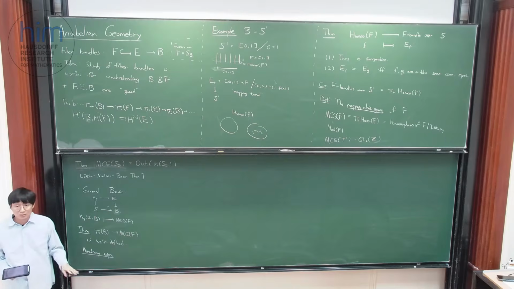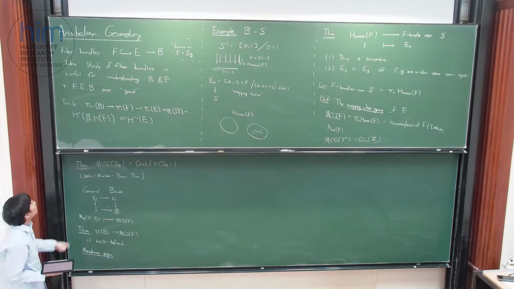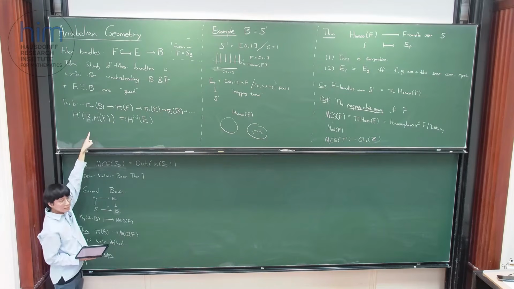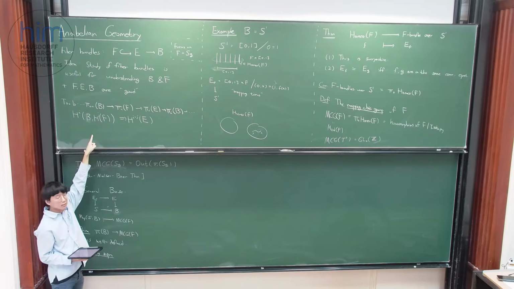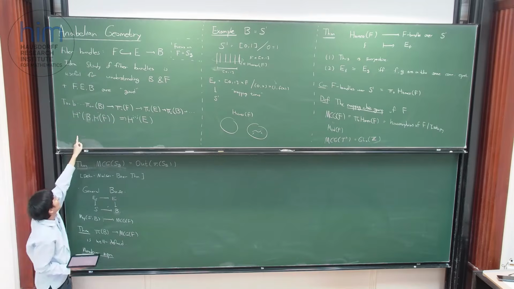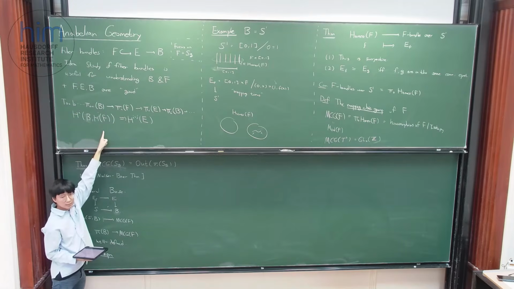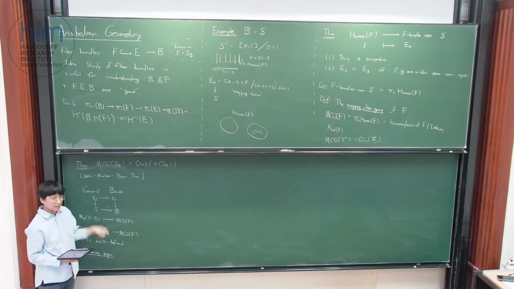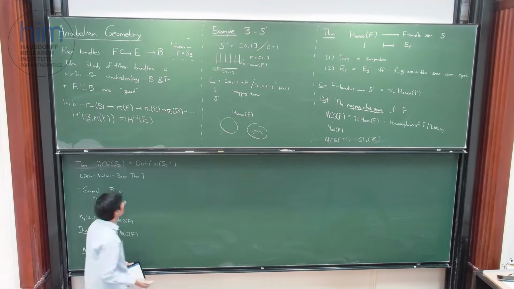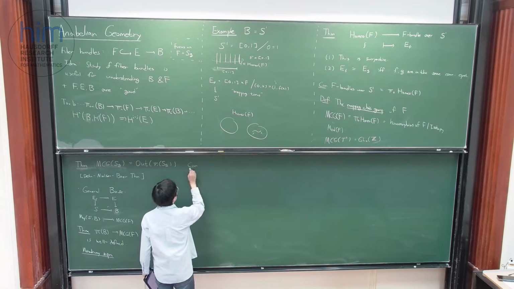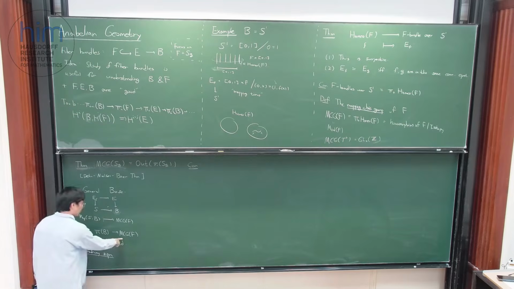Here, local system just means a representation of the fundamental group. So, to even define this spectral sequence, you need a representation of the fundamental group on the j-th cohomology of F for any j. And indeed, it comes from here.